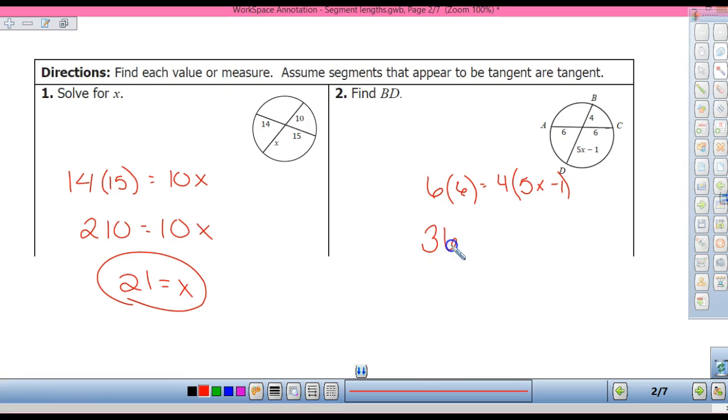So 36 equals 20x minus 4. Then you can add your 4 over here. So 40 equals 20x, x equals 2. Boom. Make sure when you've got that guy, you have to distribute that whole thing through. Very important.